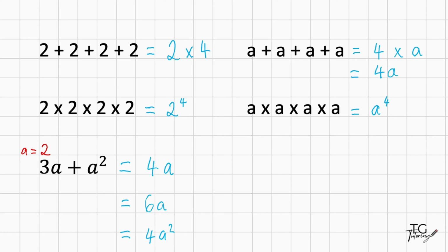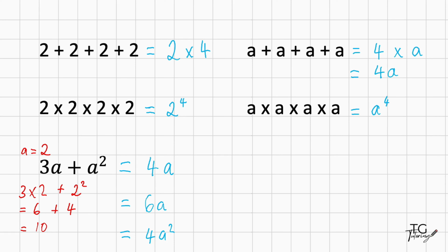And like we said, if my answer is correct, what I simplify to should give me the same answer as the original, because they should be the same thing, just written in a simpler way. So 3 times a is 3 times 2, and we add that to a squared, which is 2 squared. So that is 6 plus 4, using BIDMAS, which is 10. So 10 is the answer to the original thing that we started with.